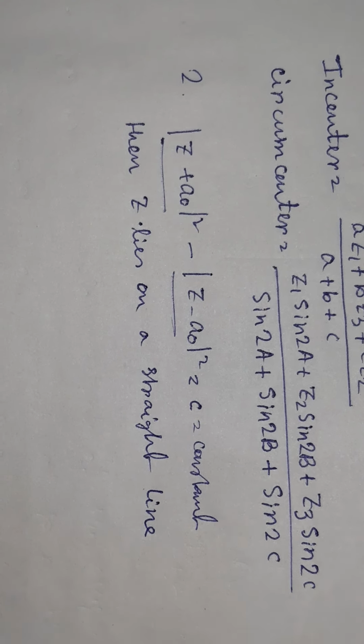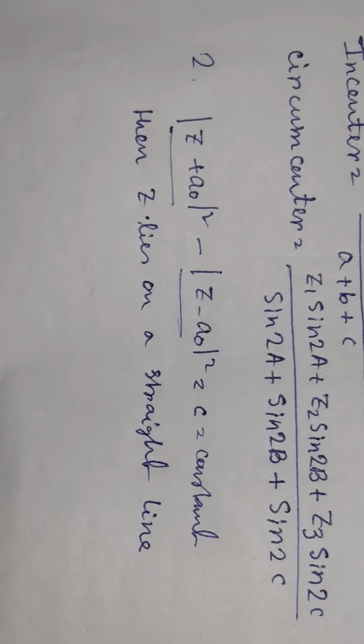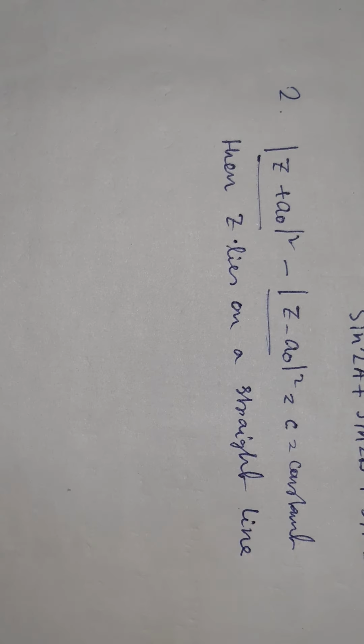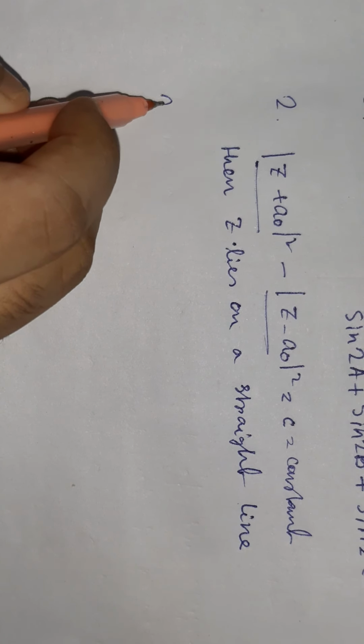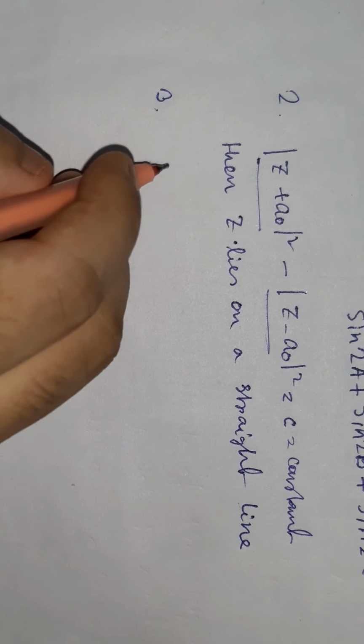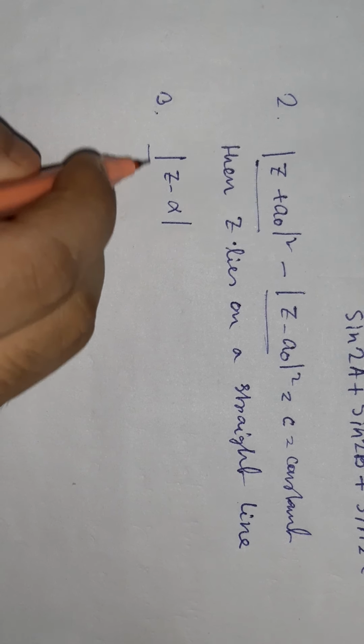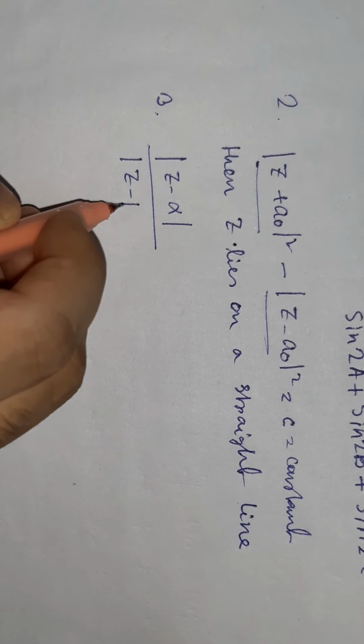Now we will look at another beautiful form of circle, which is point 3: modulus of z minus alpha divided by modulus of z minus beta.